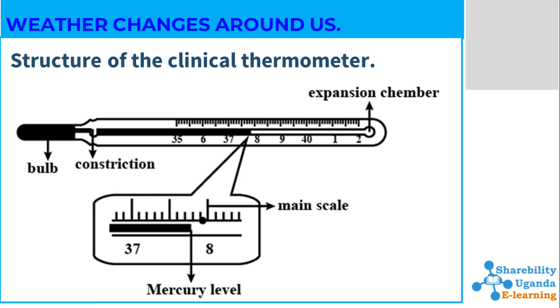So the expansion chamber helps to reserve that mercury. Then we have the constriction that prevents the backflow of mercury during expansion. The bulb is where the mercury is reserved when the thermometer is not in use.